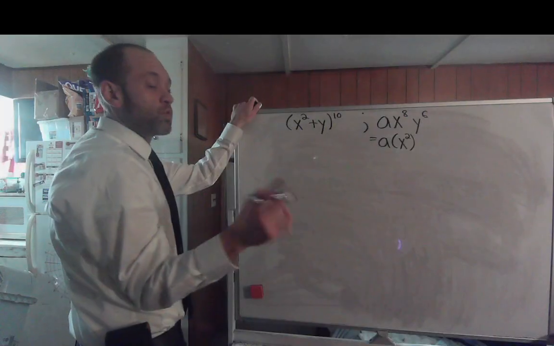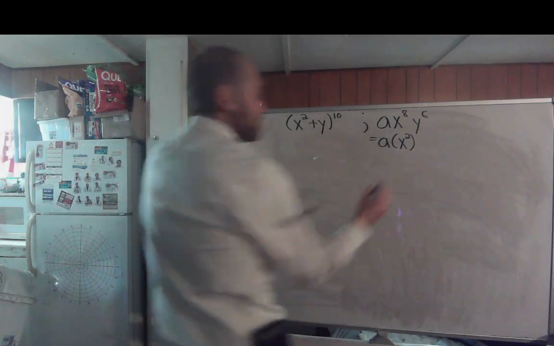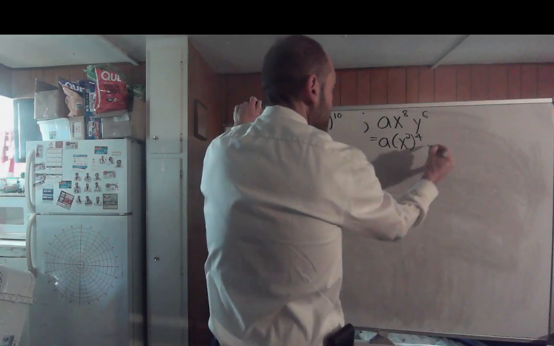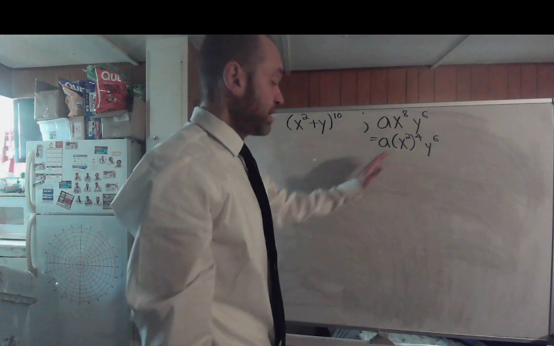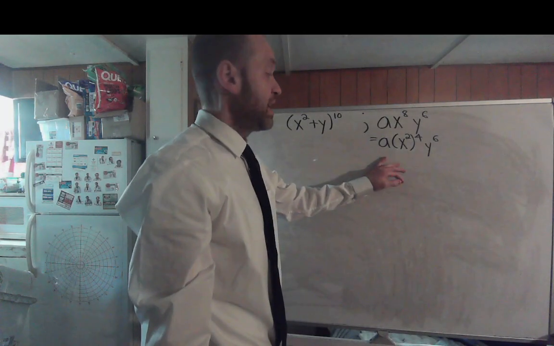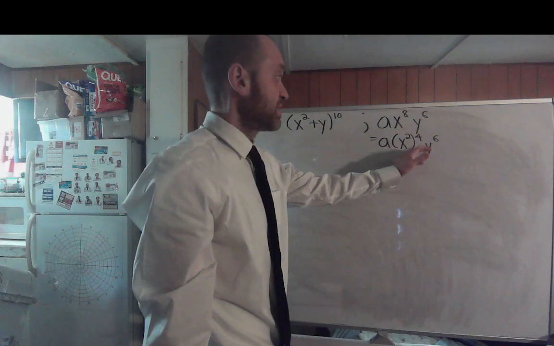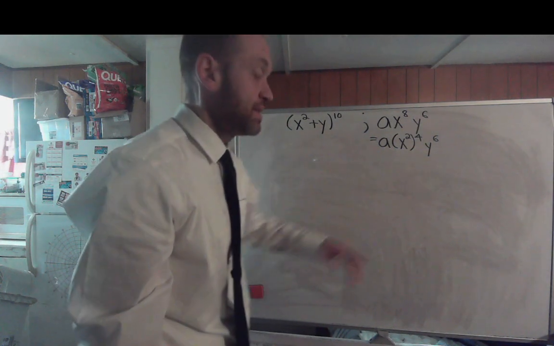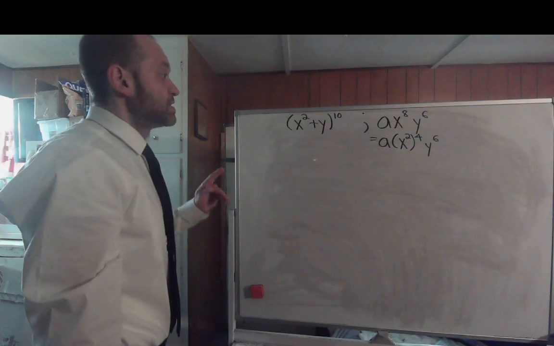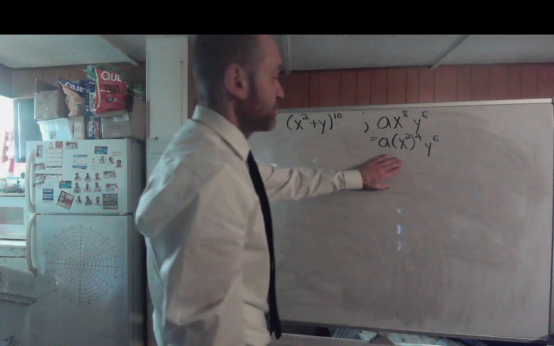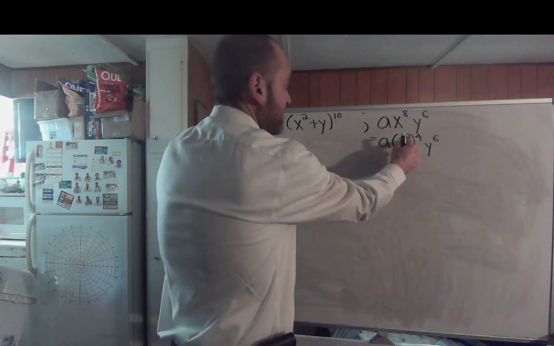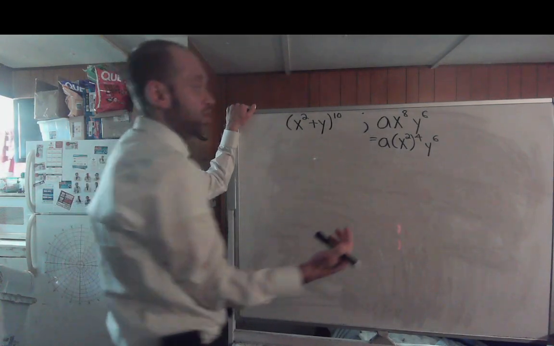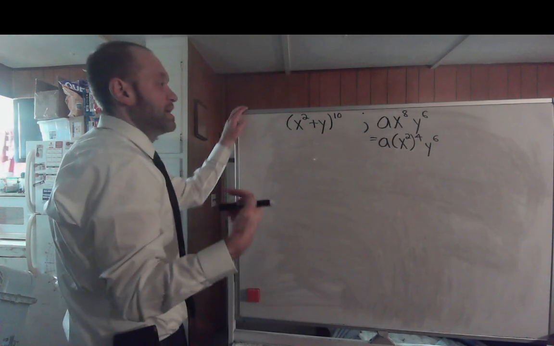Now, x squared to what power gives us x to the 8th? That'd be to the 4th power, right? And then you'll have your y to the 6th. So we want to find the real coefficient on a times the quantity of x squared raised to the 4th power times that y to the 6th. That's how you would separate out, if you just look at the original binomial, what the actual term is raised to. So it's not as intimidating as it looks.